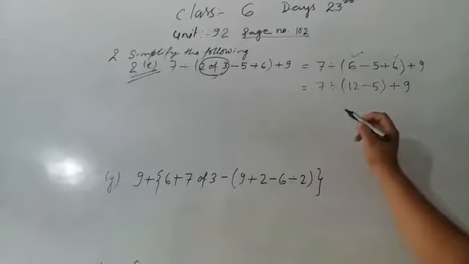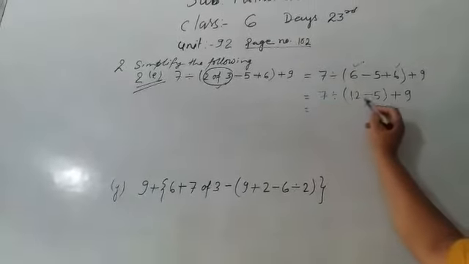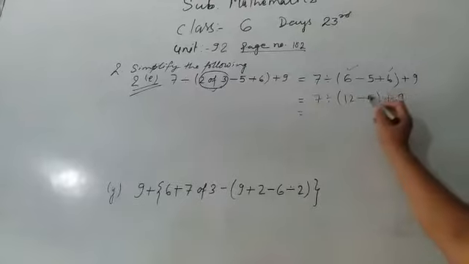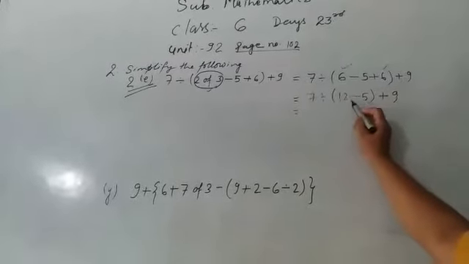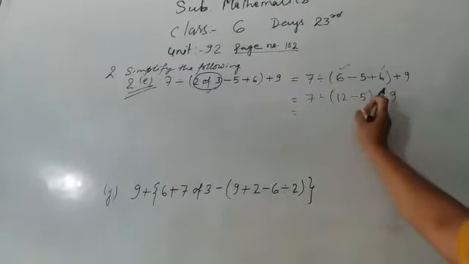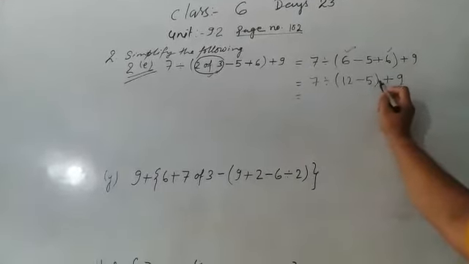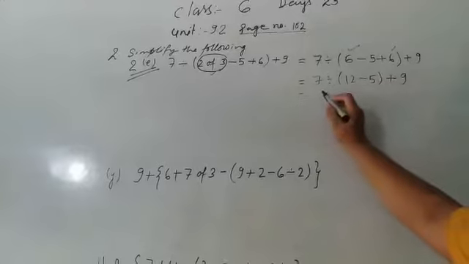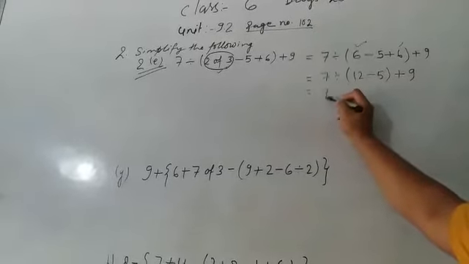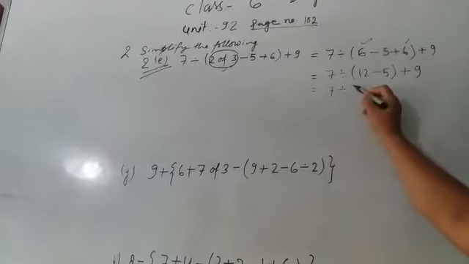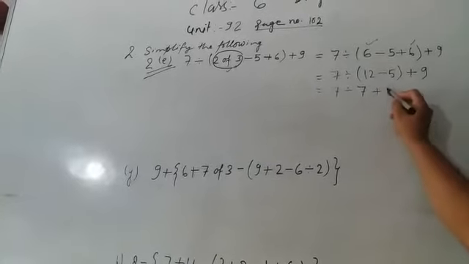So my dear students, here in the small brackets, when the two terms are additions, then one digit is left. At that time, the small bracket is omitted. Okay, 7 divided by 7 plus 9.